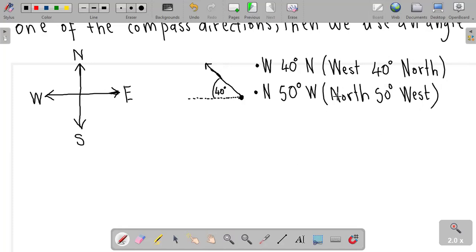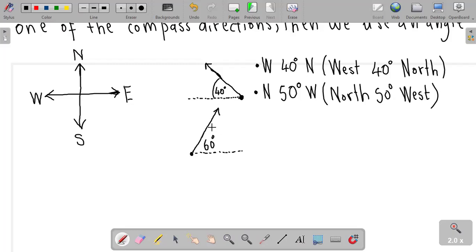Then in another example, we could go up like that. Then we have 60 degrees here.